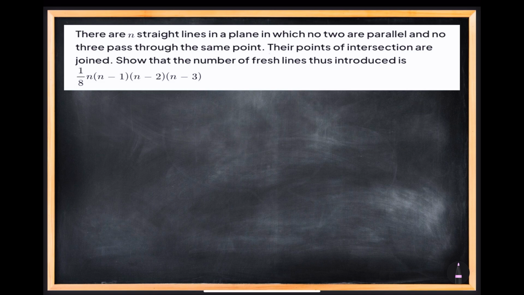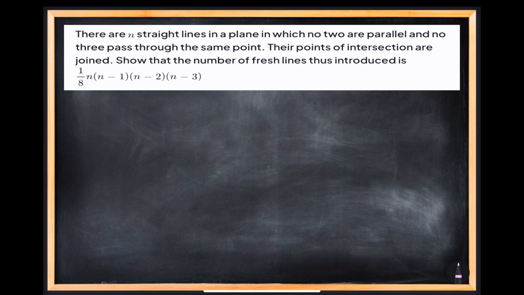Whatever points you got as the points of intersection, you have to join them. Show that the number of fresh lines thus introduced is this. So they are talking about the number of fresh lines, not the number of lines.